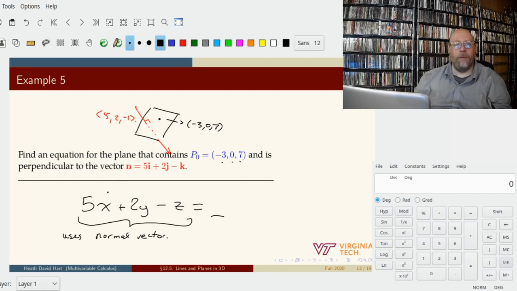And so if I plugged in this point, 5 times negative 3 plus 2 times 0 minus 7, that's negative 15 plus 0 minus 7, which is negative 22. Well, that's the constant that works when we plug in this point. And so we plug in the point to find the constant.